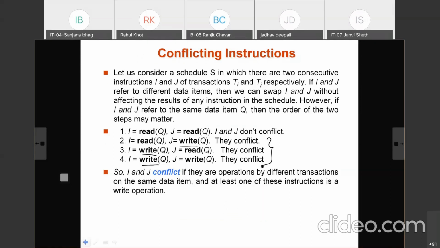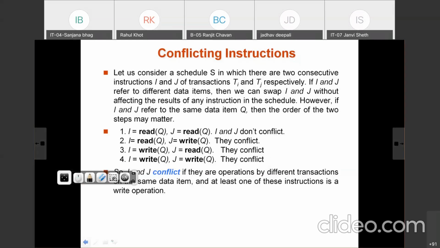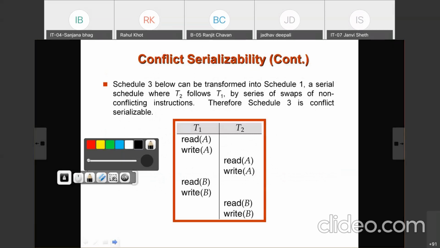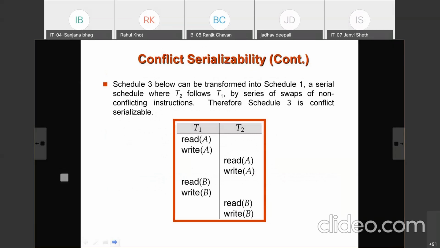So in that way, using this conflict and whatever swapping, we are going to try to convert a concurrent schedule into a serial schedule, if it is possible or not. Now we are going to consider this schedule and try to convert it into a serial schedule. I am going to write it here on this PPT.